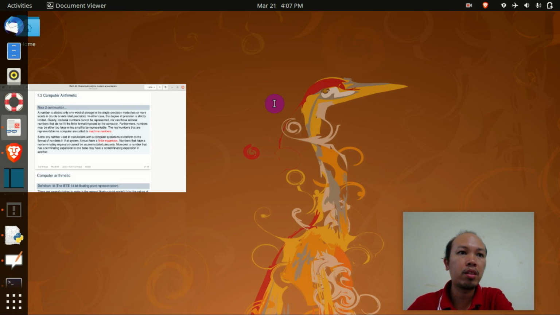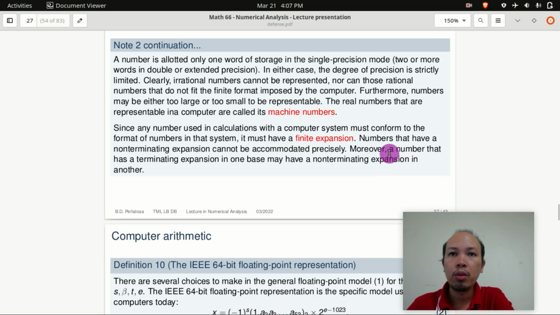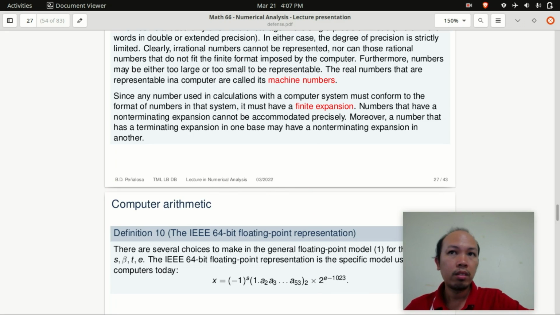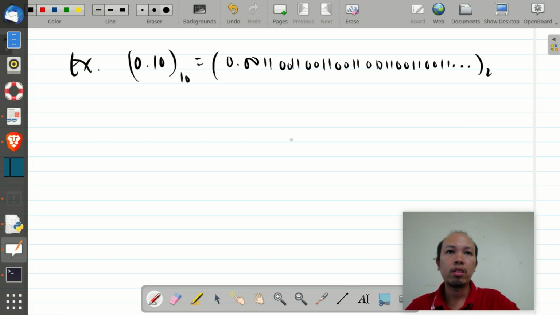So this is what it says in this last sentence. Okay, terminating expansion, we have a non-terminating expansion in another case. So okay, let's proceed to our discussion.